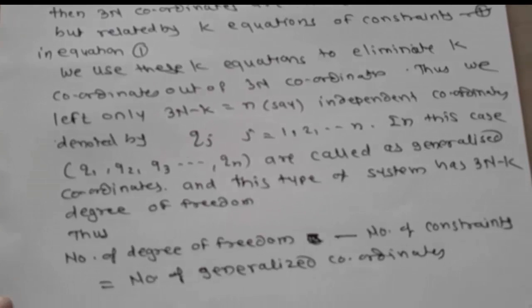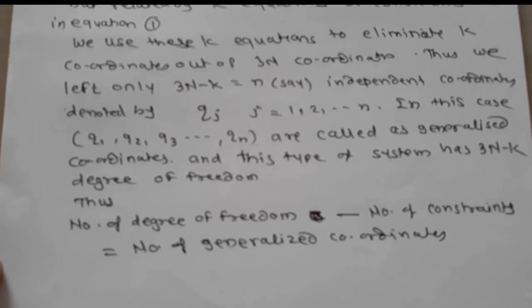That means to obtain the number of generalized coordinates, we have to subtract the number of constraints from the number of degrees of freedom.